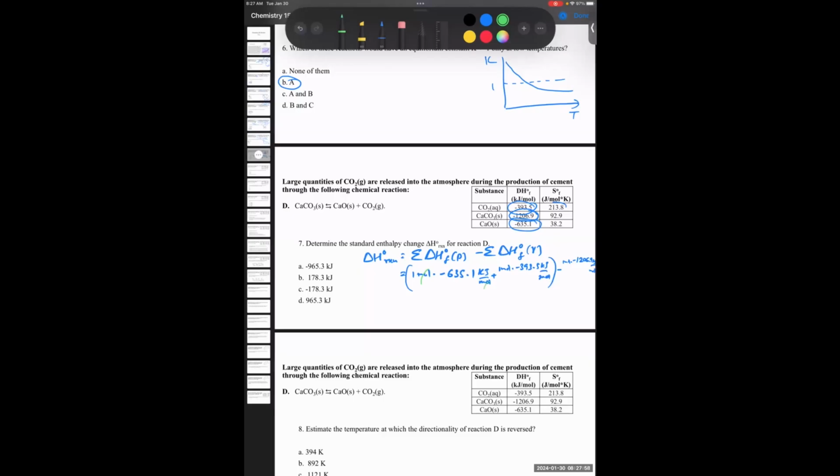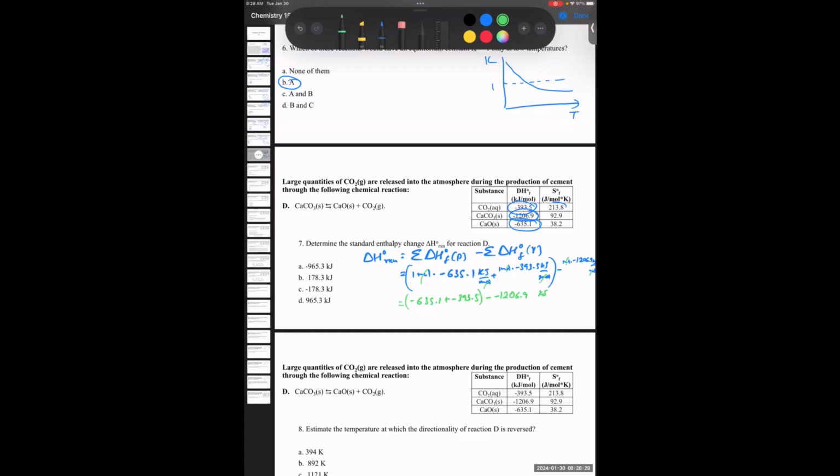Then moles cancel out, and we're going to be left with minus 635.1 plus minus 393.5, minus negative 1206.9. All of these are in kilojoules.